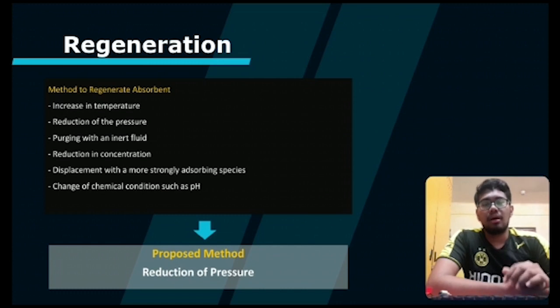However, in this study, the suitable way to regenerate it is by reducing the pressure, since the system is in gas phase. This process is also known as pressure swing adsorption, which is PSA. Pressure swing adsorption is a technology used to separate some gas species from a mixture of gases under pressure according to the species' molecular characteristics and affinity for an adsorbent material.